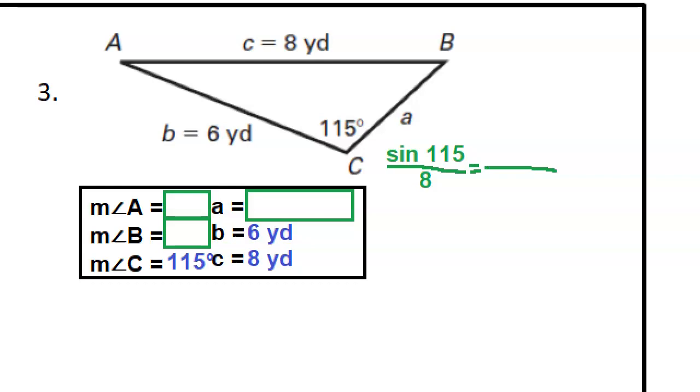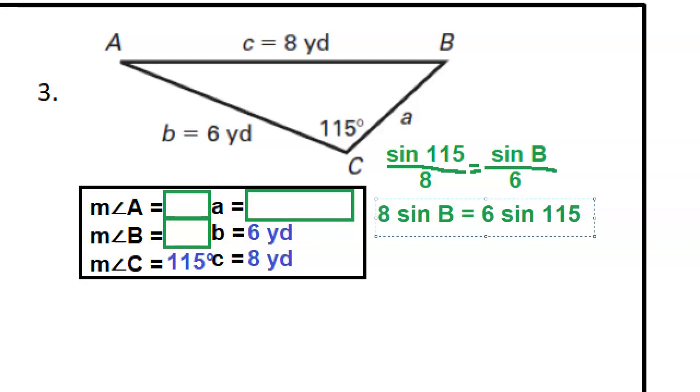So the letter that we know some things about, but not everything, and that would be the letter B. And we're going to say sine of B over 6. So if we cross multiply, 8 times the sine of B equals 6 times the sine of 115.